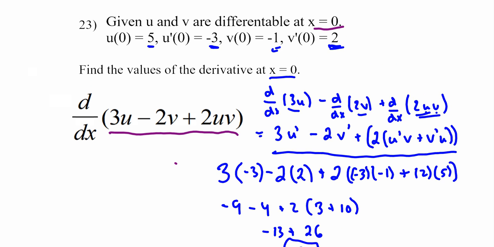Once again, when you take derivatives of these types of problems using notation, the 3 is a constant, so we're using that times the derivative of u. The derivative of u, we would just say is u prime. When we have minus 2v, 2 is a constant, but what's the derivative of v? That's v prime. And then when we have 2uv, 2 is a constant, so it comes along for the ride. And then we take u times v, which we have to use the product rule.